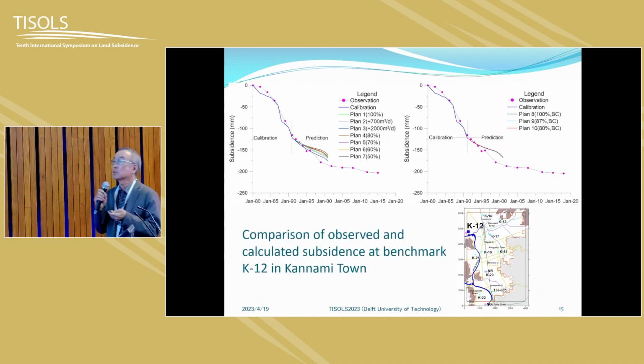This figure shows comparison of observed and calculated subsidence at benchmark K12 in Kannami town. This one is the only one used for calibration. And calculated subsidence nearly matches observed values.